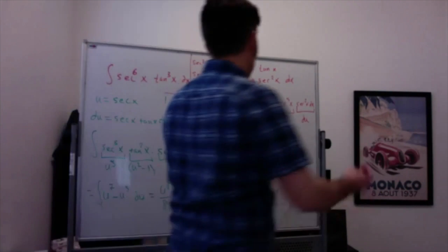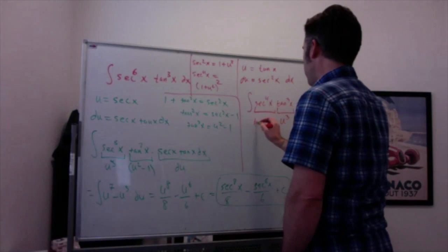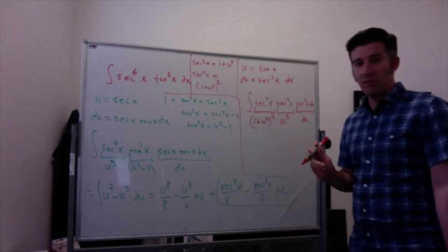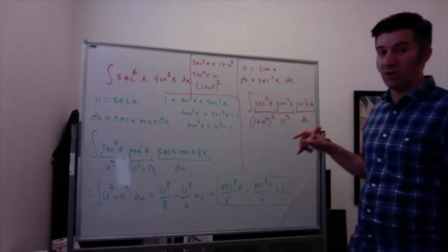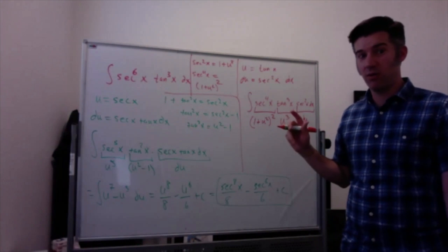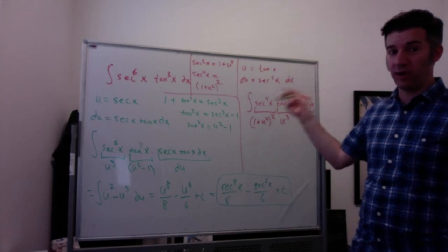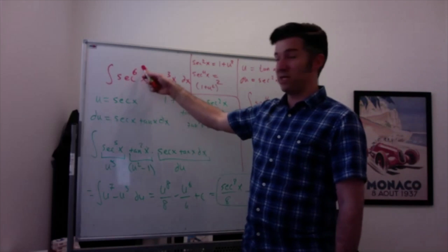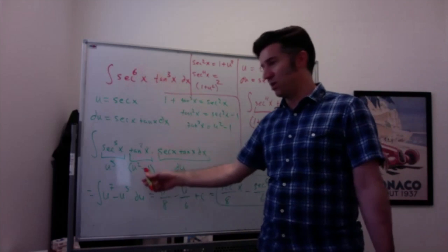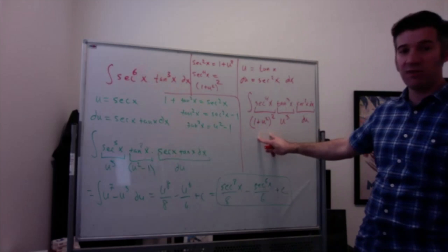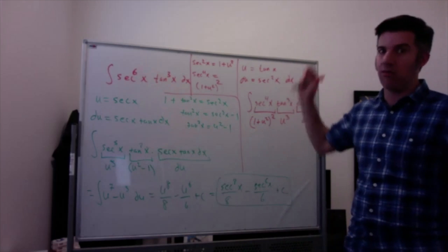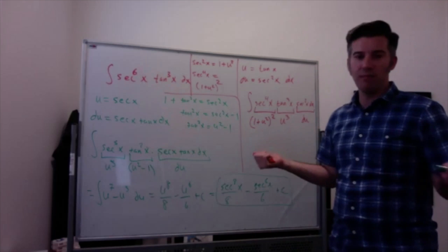So typically, if we have the choice, it is usually correct to make the choice where you're letting u be the function that is raised to the higher power, because you're going to end up doing less work with the trig identity for the other parts. Here you're letting u equal secant, which was raised to the sixth, so we didn't have to do any of this squaring out. But we could do it this way. We could do 1 plus u squared squared times u cubed and then integrate all of it. It wouldn't be impossible. It would just be annoying.